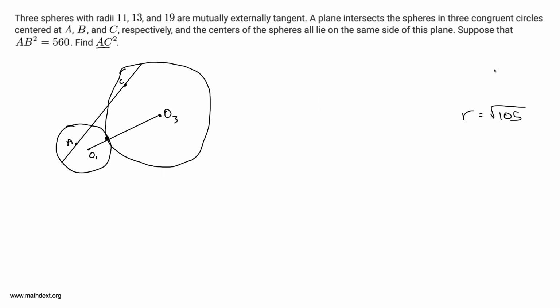And remember, by the same logic we had before, O1, O3 goes through this point of tangency, which means that its length is just the sum of the radii, 11 plus 19, or 30. And we'll construct our diagram in essentially the same way. We're going to draw O1A and O3C at right angles. And we're going to draw this perpendicular from O1 to CO3.